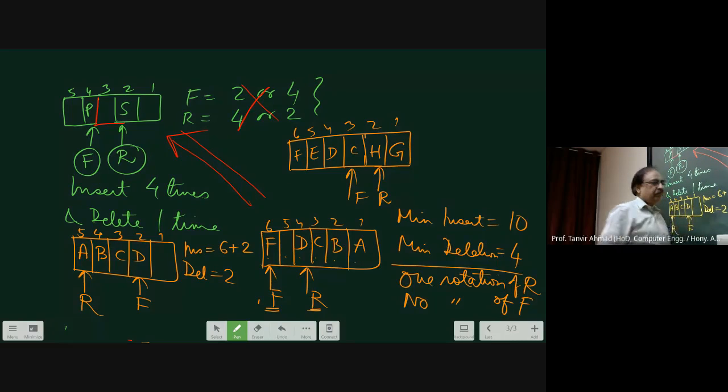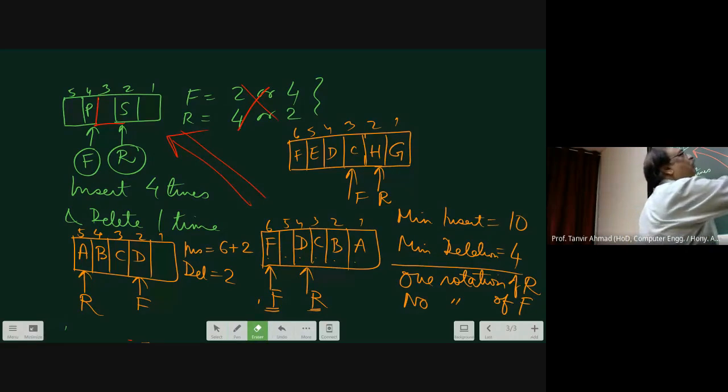Correct? Now, what happens is that you are going to delete 2 more times. Then what will happen? You are going to do it over here. This one, and F will come over here.